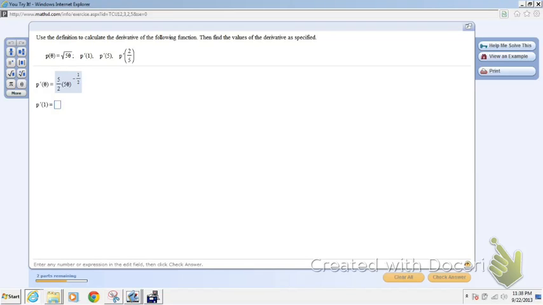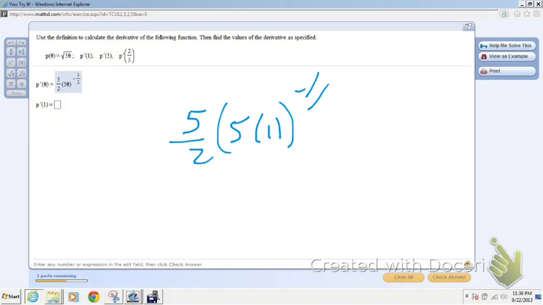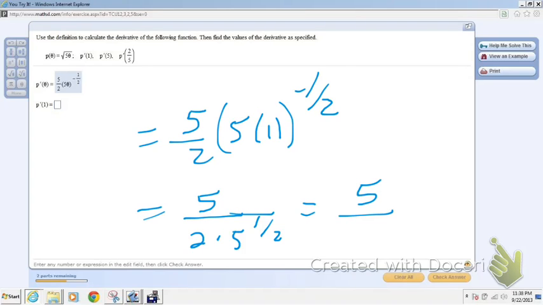Now I'm noticing that it doesn't say anything about decimals, so when you have 5 halves, 5 times 1 to the negative 1/2, it doesn't say a decimal approximation, so we'll just keep it exact. So that would be 5 to the negative 1/2 is really, you're going to have 5 to the 1/2 downstairs. So then that's the same as 5 over 2 root 5, like that.